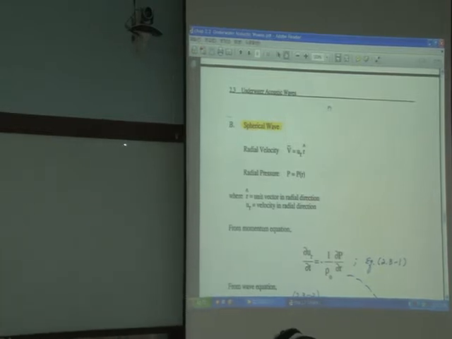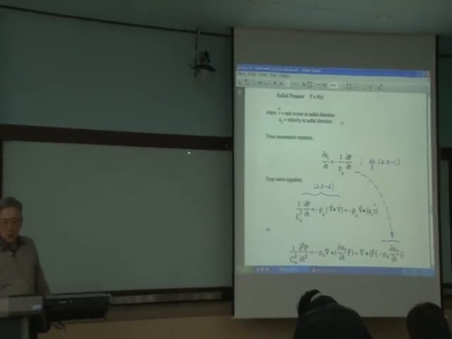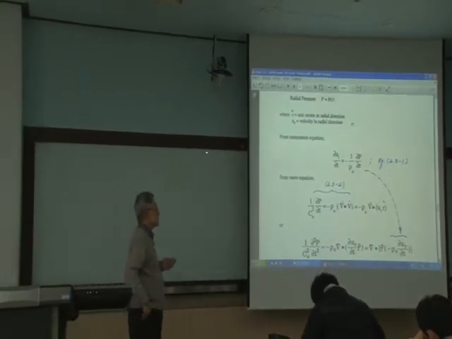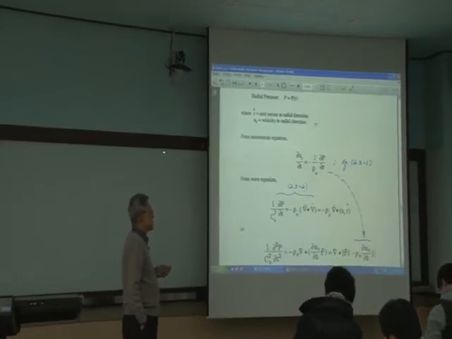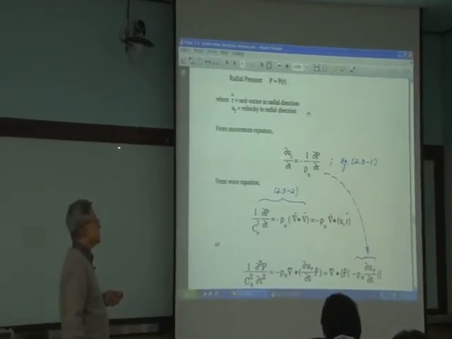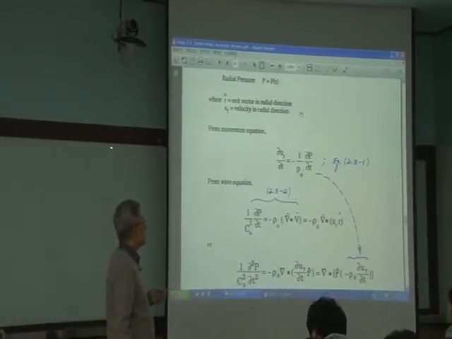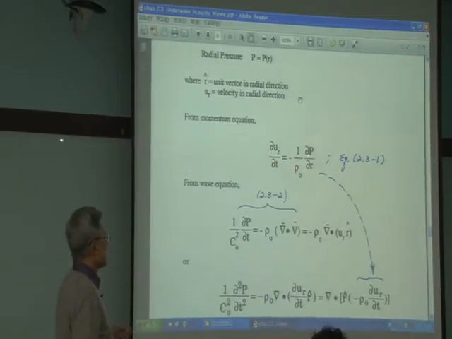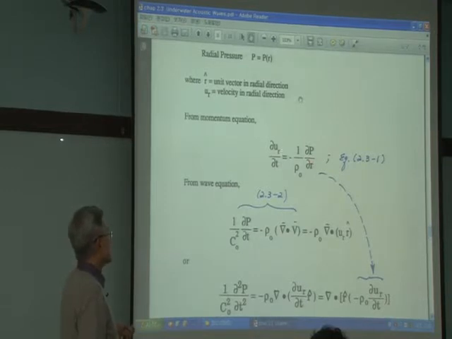Then we have to bring back the reduced momentum equation. This is the same reduced momentum equation: del U_r over del t is minus 1 over rho naught del P over del r. Rather than x, I use r, the radial direction.